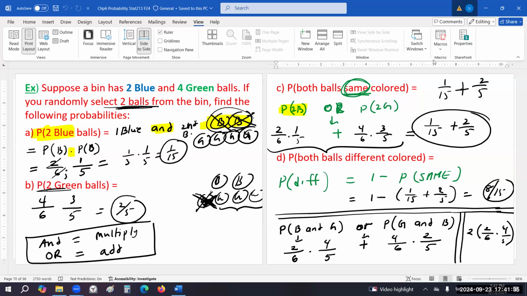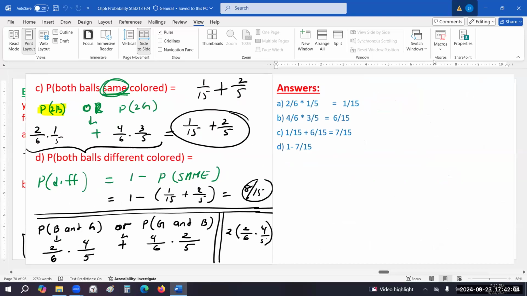And the rule says, anytime you have and, you multiply the two probabilities. If two events are independent, the probability of them together, probability of A and B, is the product of the individual probabilities. It means probability of A and B is probability of A times probability of B. So this is the multiplication rule.